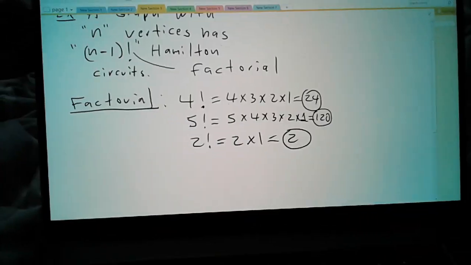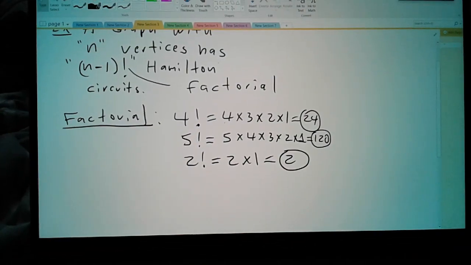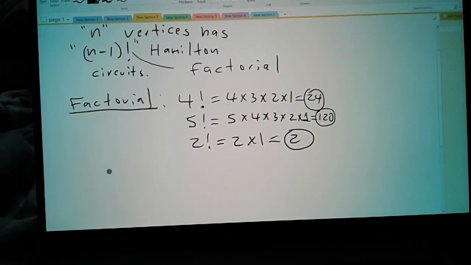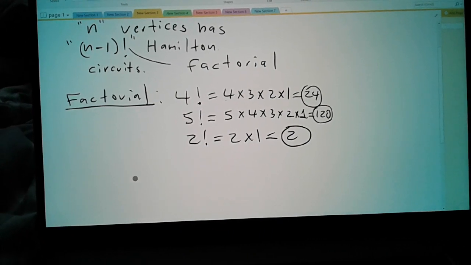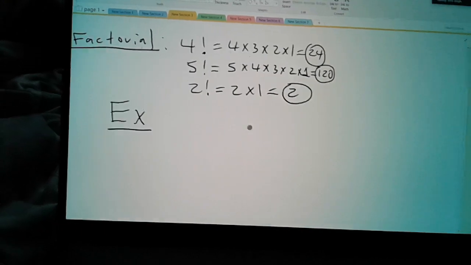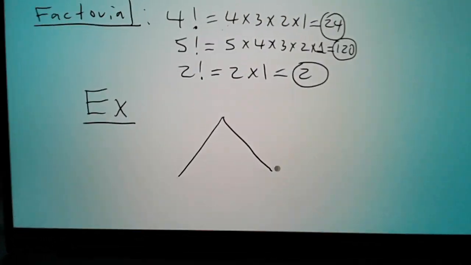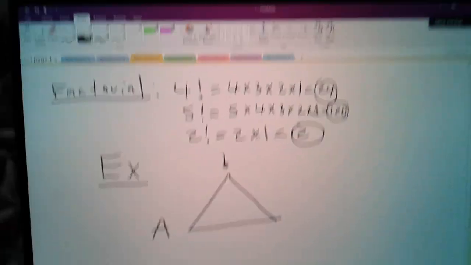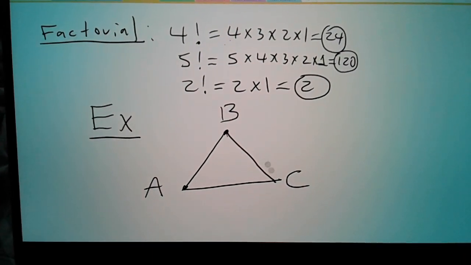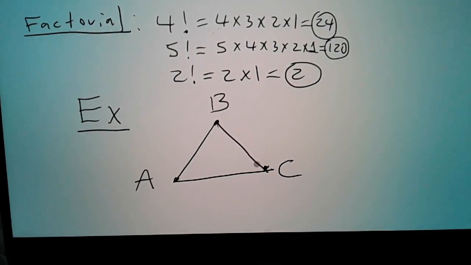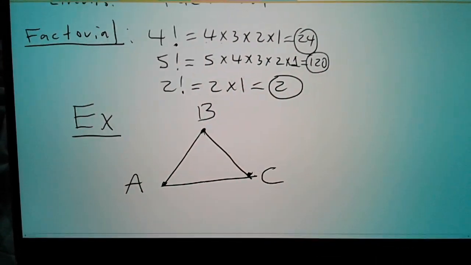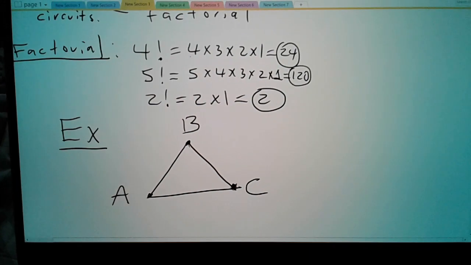So let's look at an example, I guess. Very simple one. See if this works or not. Okay, so let's say I have this graph with 3 vertices in it.